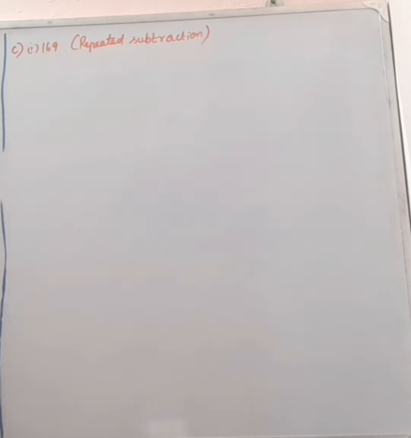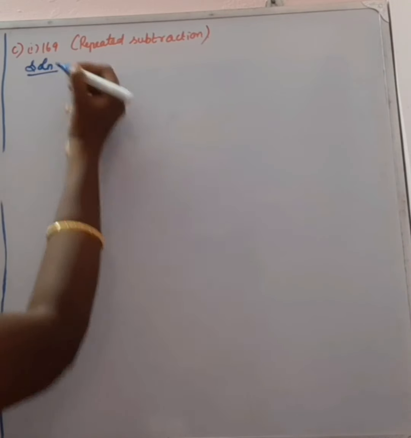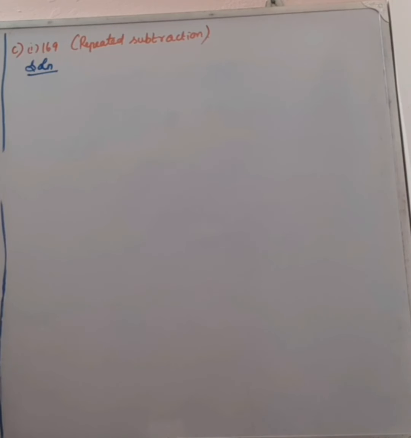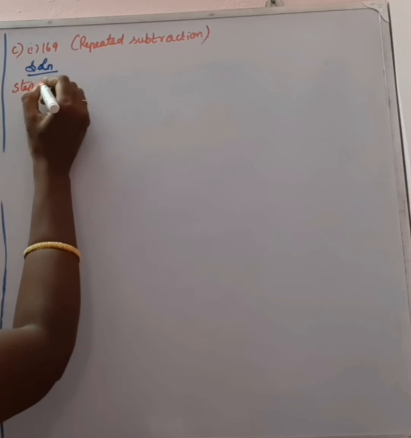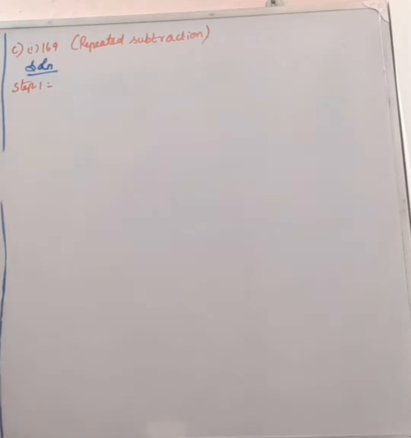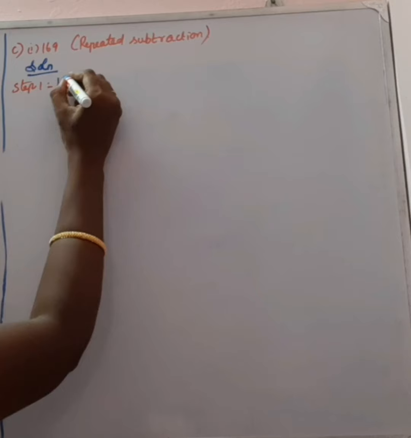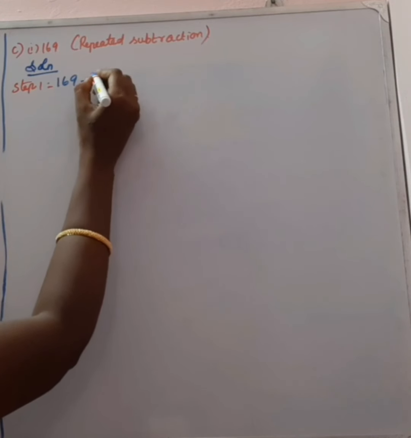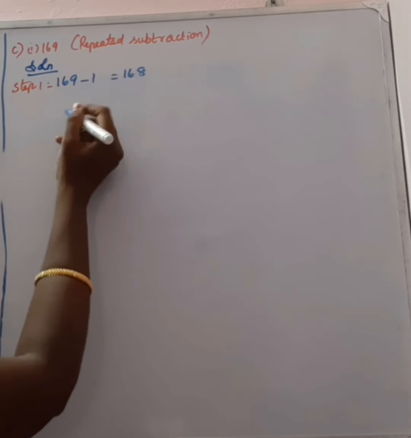Okay. So in the solution part, the first thing is we want to write step 1, step 2 and so on. How many steps it is coming, we want to count that. So what is step 1? What is the first odd number? 1. So 169 minus 1 equal to 168.